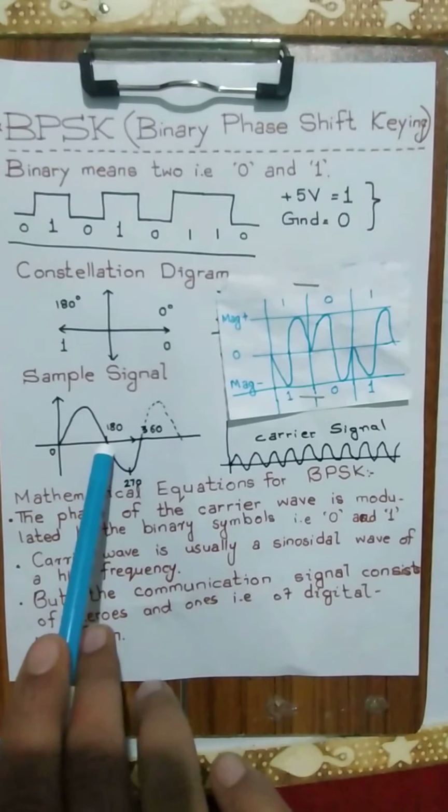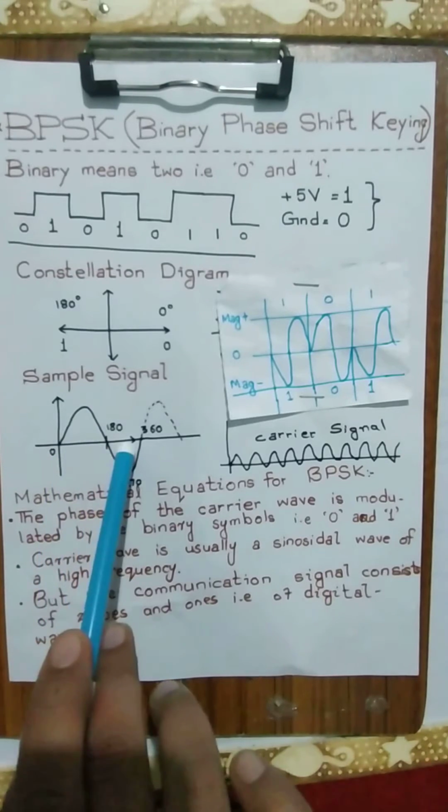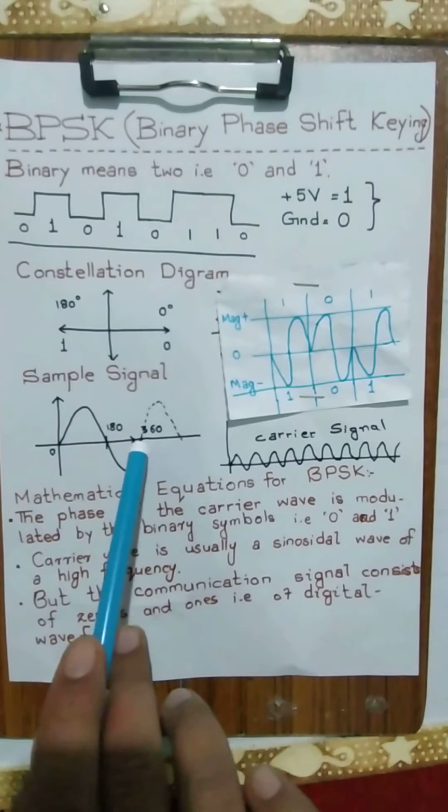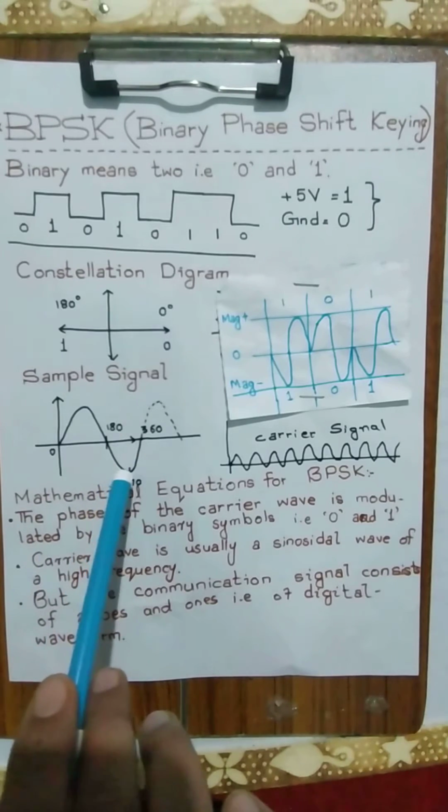Then from 180 degree to 360 degree is the next part of the signal. So half and half signal is the full signal. From 0 to 360 it is the full signal.